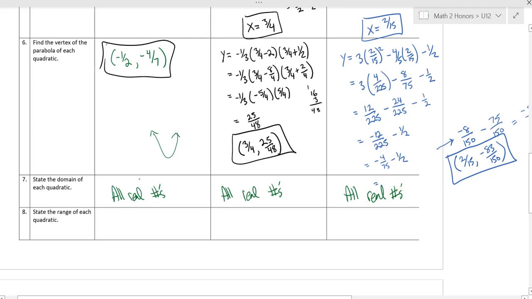But the range, because it opens up, is going to be y is greater than or equal to negative 4 over 7. I'm grabbing the negative 4 over 7, it's the y value in my vertex.